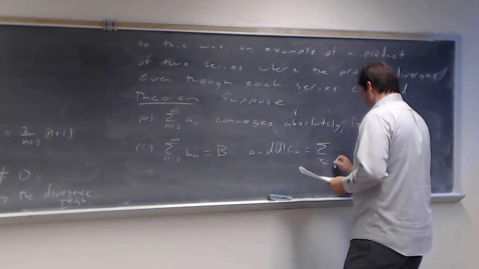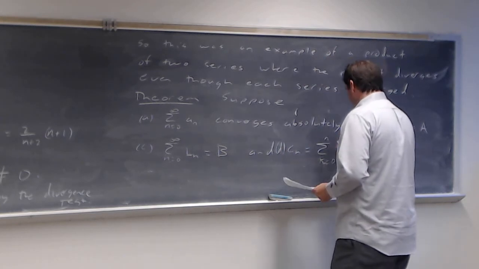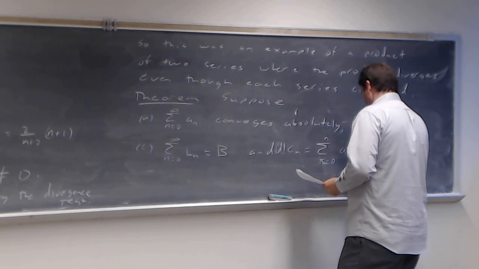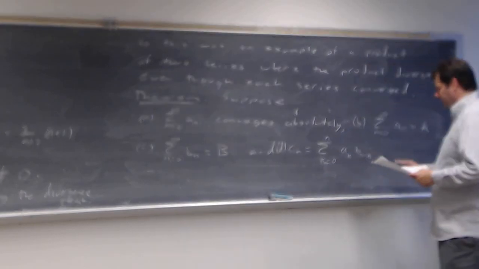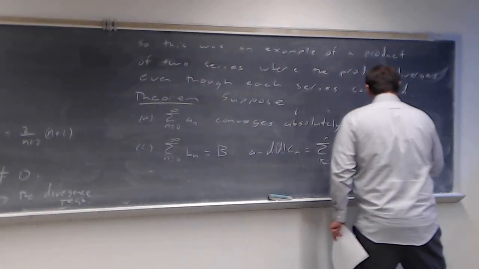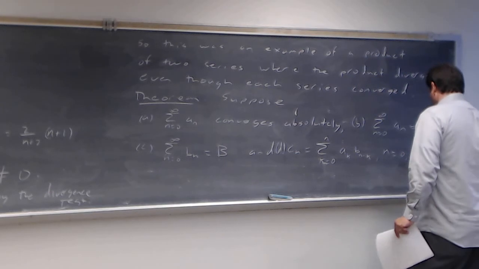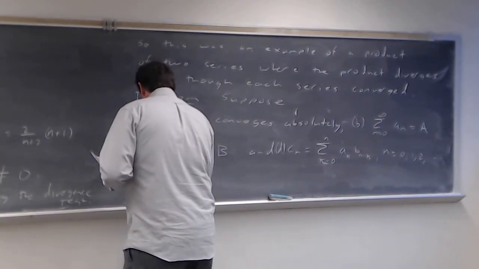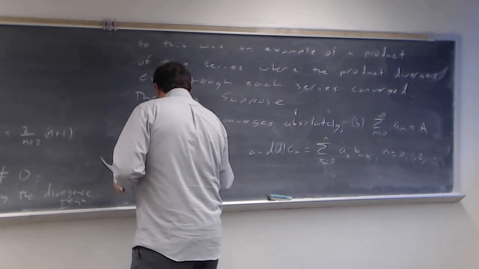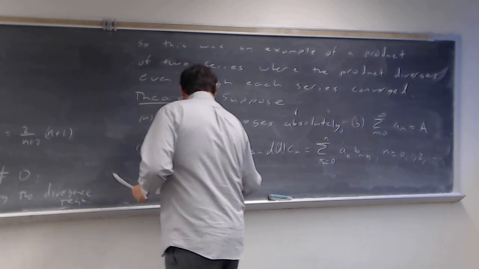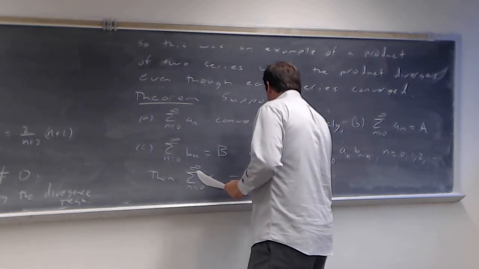So these are the terms involved in the product, and this is true for n equal to 0, 1, 2, forever. Then the series as n goes from 0 to infinity of c sub n, the product, is going to equal A times B.